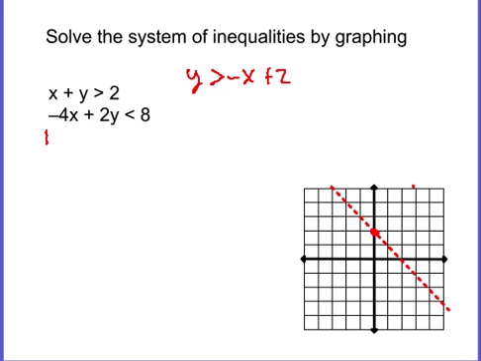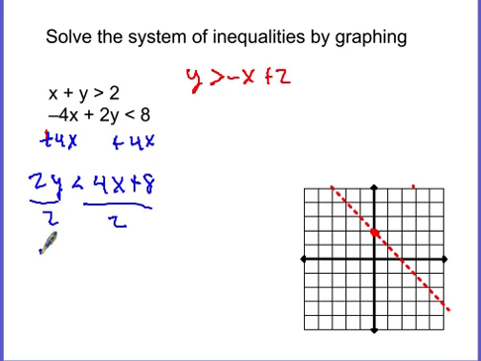All right, so now here we add 4x to each side. So 2y is less than 4x plus 8. Divide by 2. Thank you, divide by 2, exactly right. So y is less than 2x plus 4. Oh, positive slope, other way.